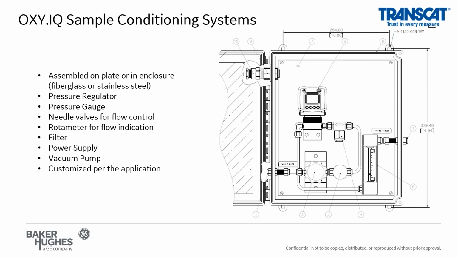And we have a little filter in line to interdict any particulate or any oil mist that might be present in the sample. So this unit would then put out a linear 4 to 20 milliamp signal. And here at GE, Baker Hughes, we can customize these sampling systems as well per the specific application.